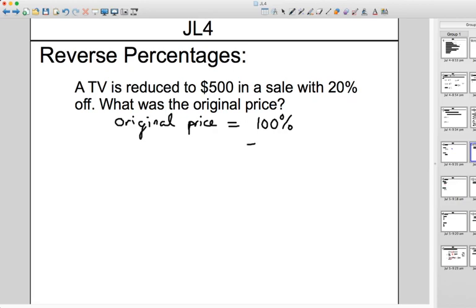If we take off 20%, that gives us 80%. So 80% of the original price is the $500 that it's telling us. Yeah? $500 is the sale price.